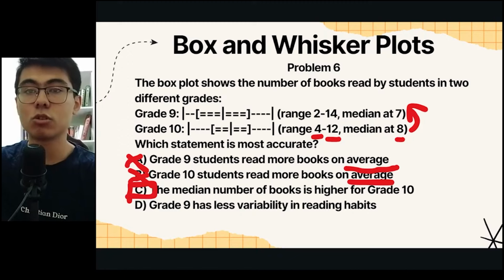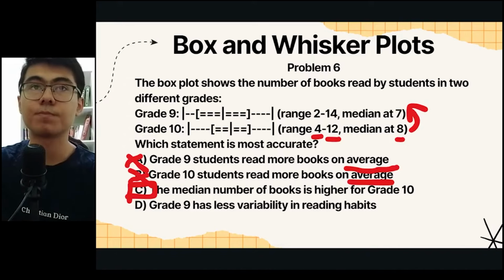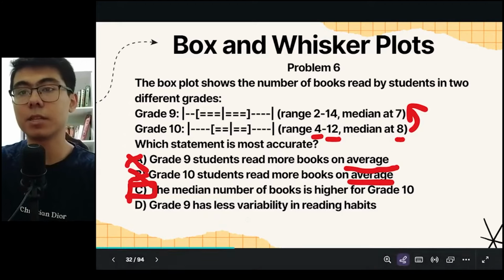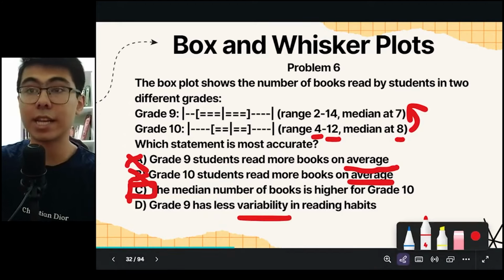And now choice D: Grade 9 has less variability in reading habits. Well, no, because we do have something about variability, and variability here is like the range.